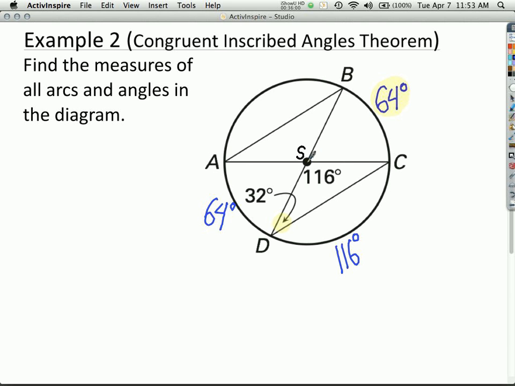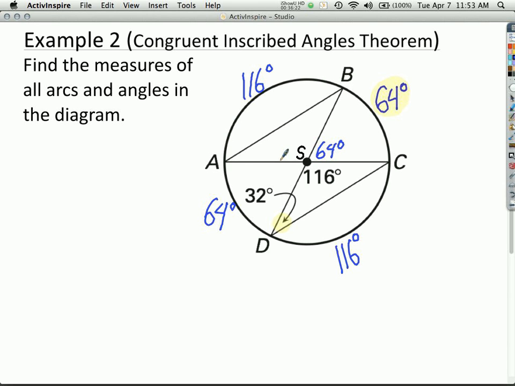Angle BSC is 64 degrees. Very good. Team F, student number 16. Give me another detail. Arc AB is 116 degrees. That is correct. Arc AB is 116 degrees.